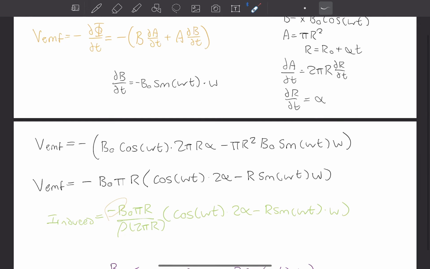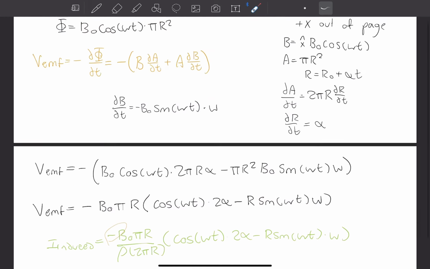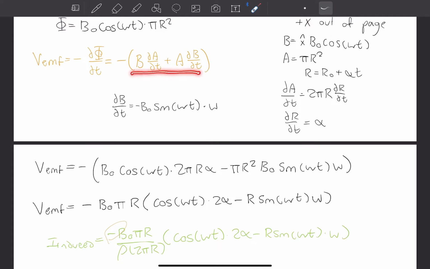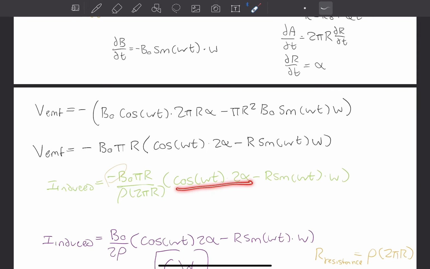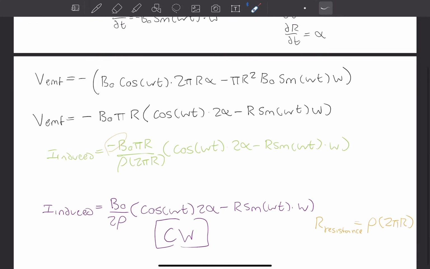And that's the second takeaway. Lastly, the last takeaway is being able to recognize which component is which. Now, when we break it down to terms like this, it's easy to see that this element is the dA/dt and this element is the dB/dt. However, sometimes it'll be more difficult to discern.